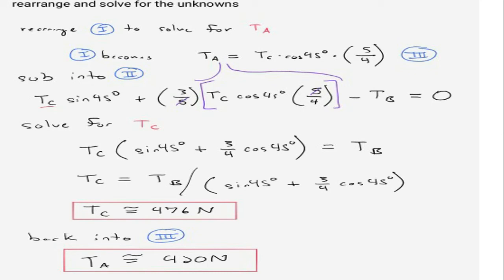You put those equations into it and make your life easy, and you will get tension TC equal to 476 Newton, and tension TA comes out to be 420 Newton. So these are the unknowns that you have calculated from this numerical.